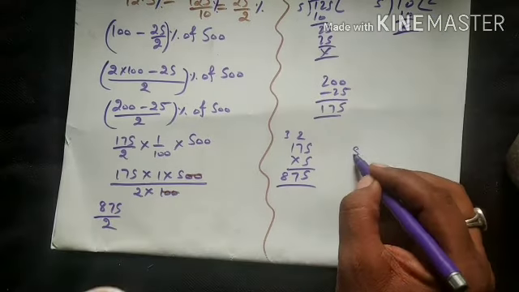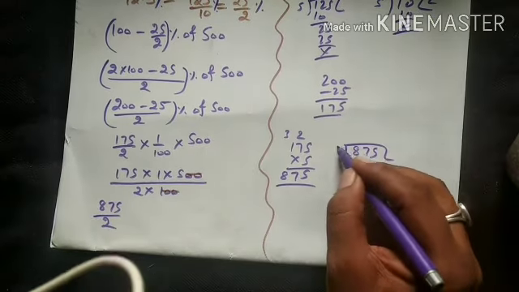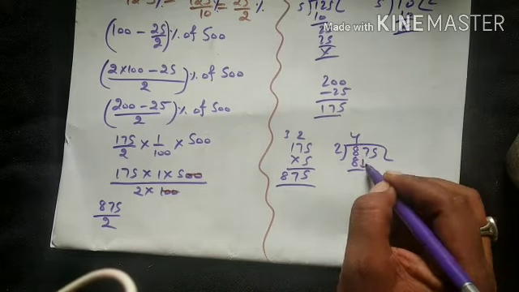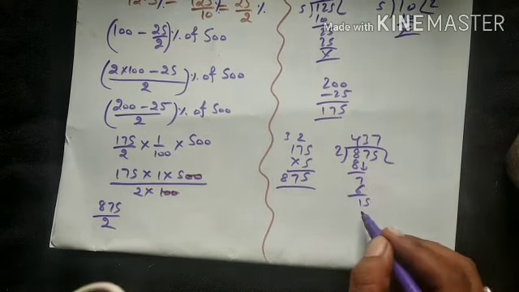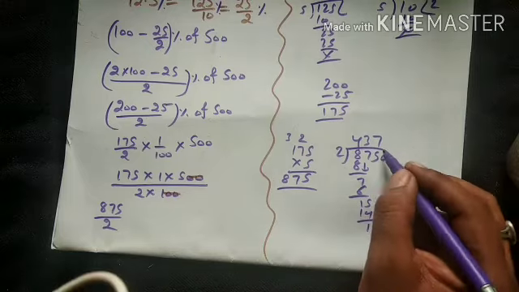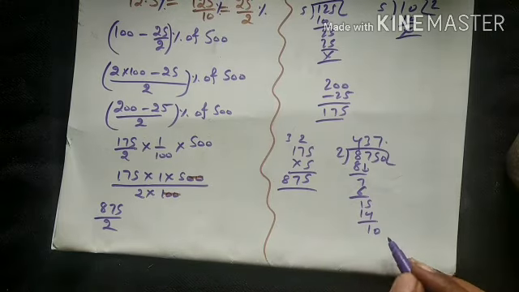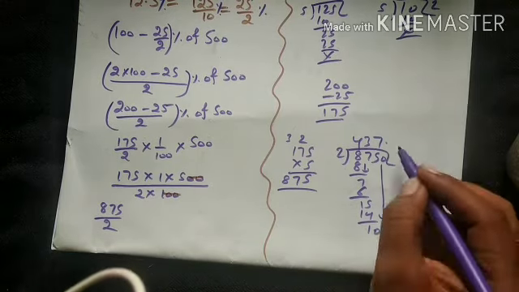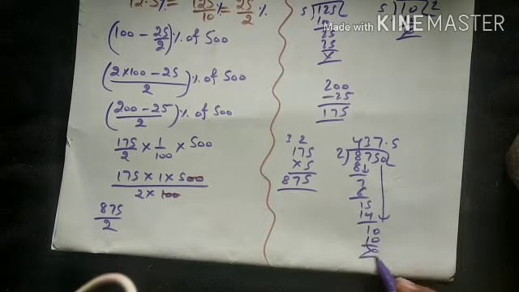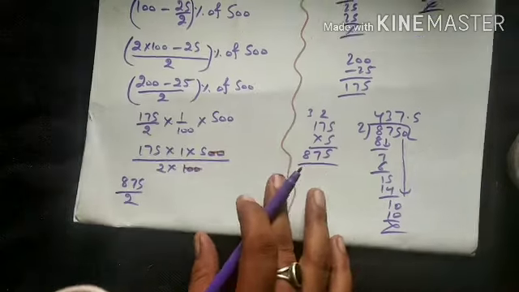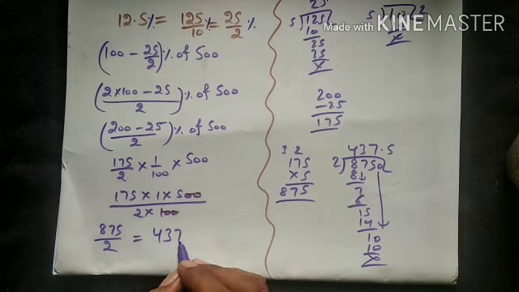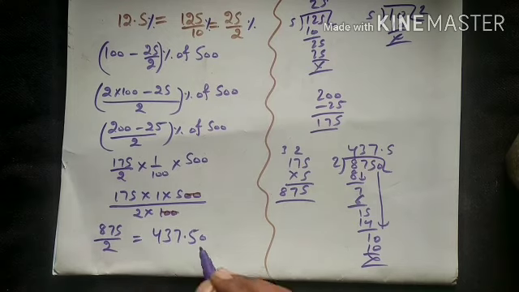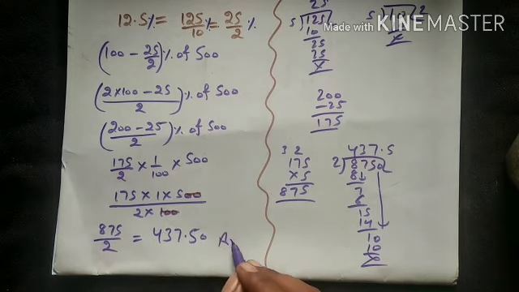Now 875 divided by 2. 2 4s are 8, 2 3s are 6, 2 7s are 14, 0, 2 5s are 10. Okay student, now what is my answer? 437.50. So this is my final answer.